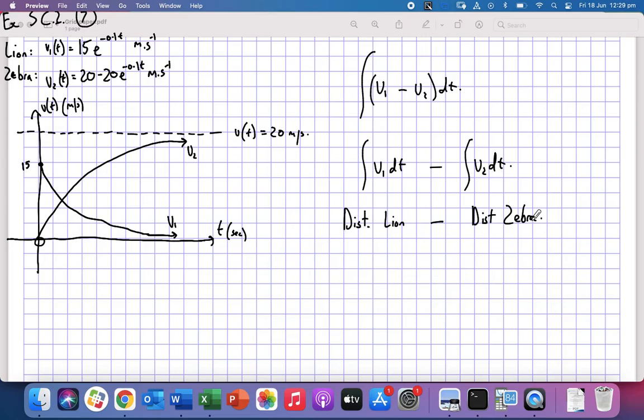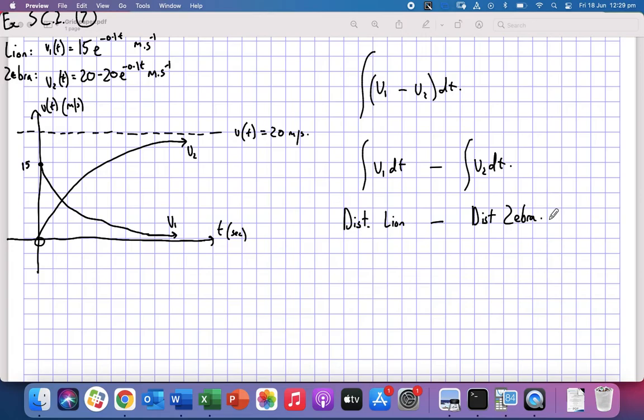Is it the same as the distance between the two animals? Well, yes and no, just remembering that they started 40 meters apart. So I'd probably just leave that as it's the distance the lion's covered minus the distance that the zebra's covered.